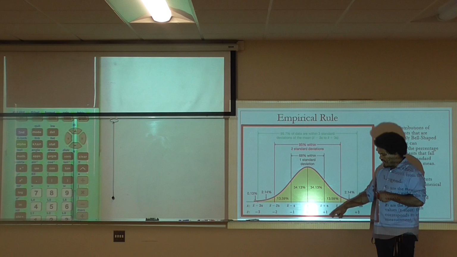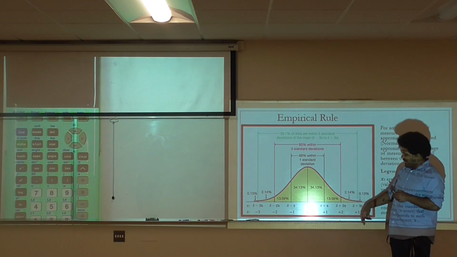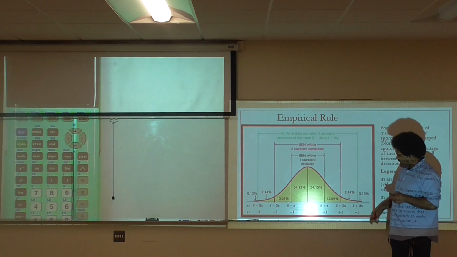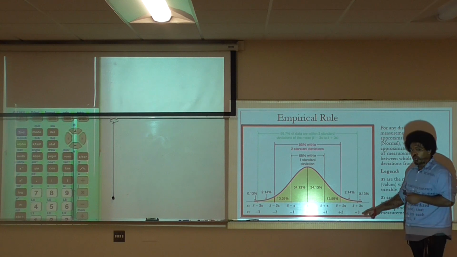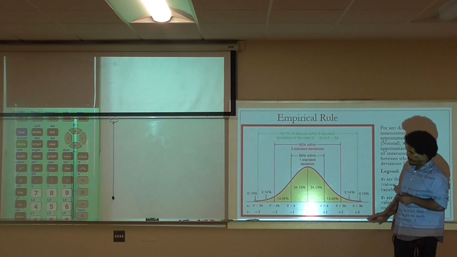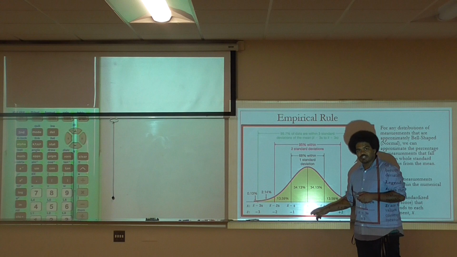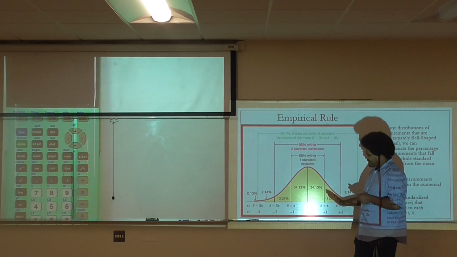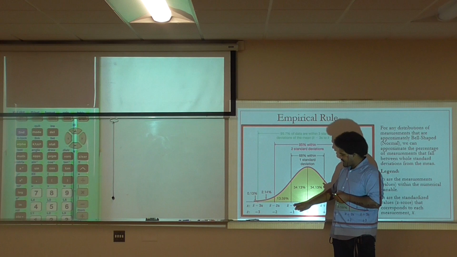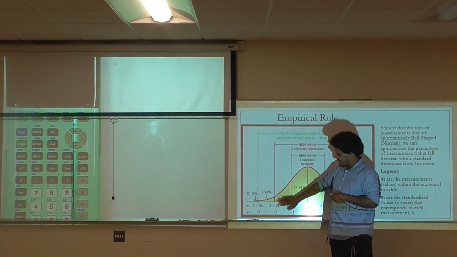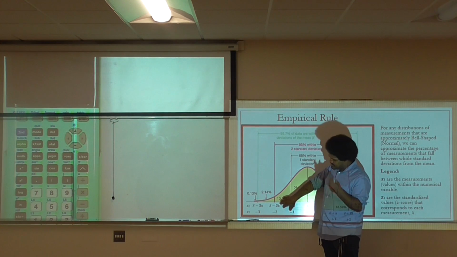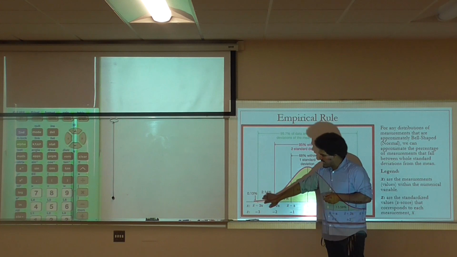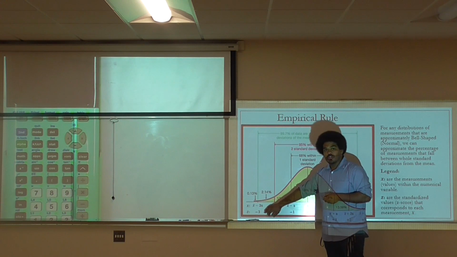If I'm 2 standard deviations to the right of the mean, I'm at z-score 2. 3 standard deviations to the right, z-score 3. And if I'm right at the mean, my z-score is 0, because I don't have any standard deviations from the mean. What happens when you go to the left? 1 to the left, z-score -1. 2 standard deviations to the left, z-score -2. 3 to the left, z-score -3.